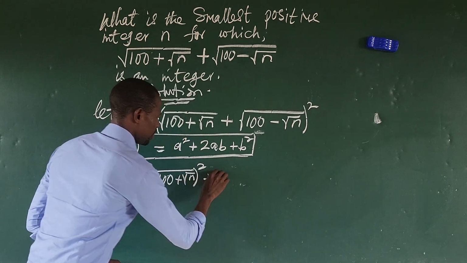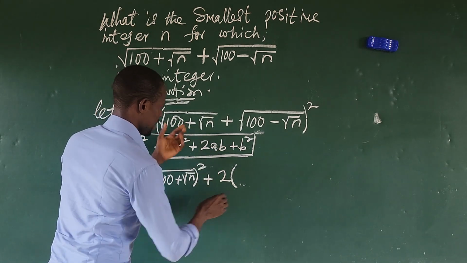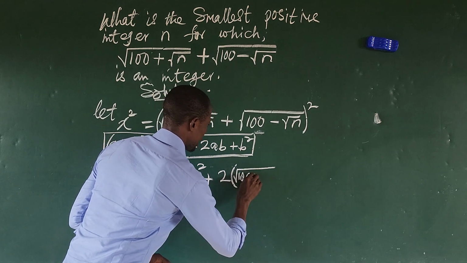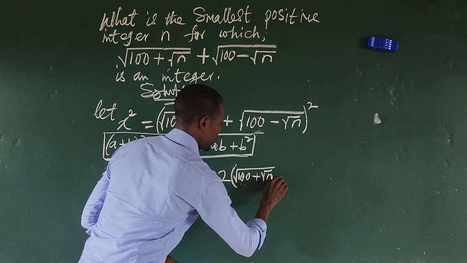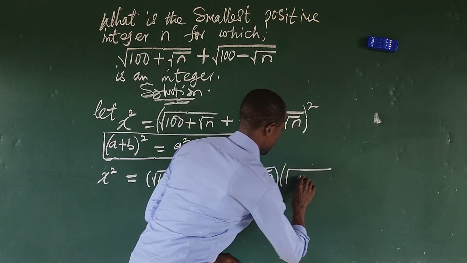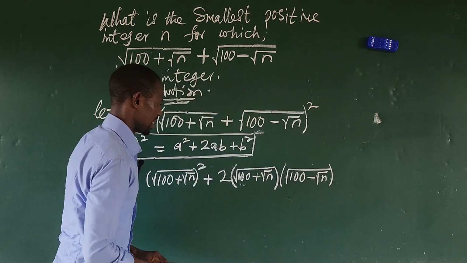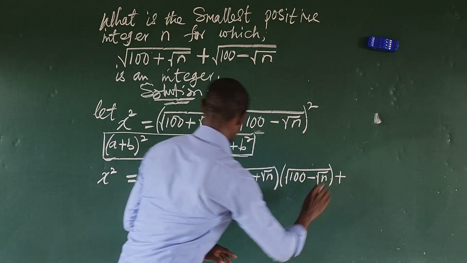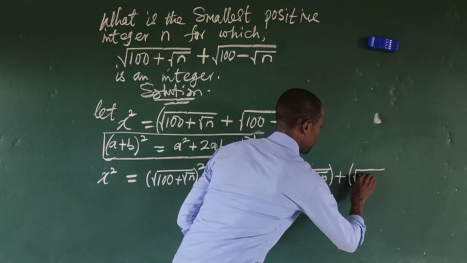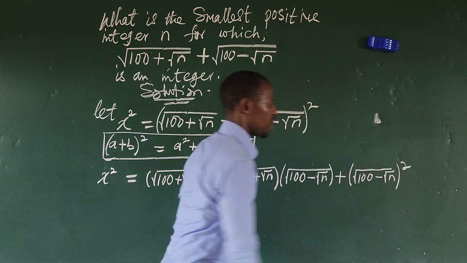Then plus 2 times a times b together: our a is the square root of 100 plus the square root of n, and our b is the square root of 100 minus the square root of n. Then plus b squared, which is the square root of 100 minus the square root of n, all squared.